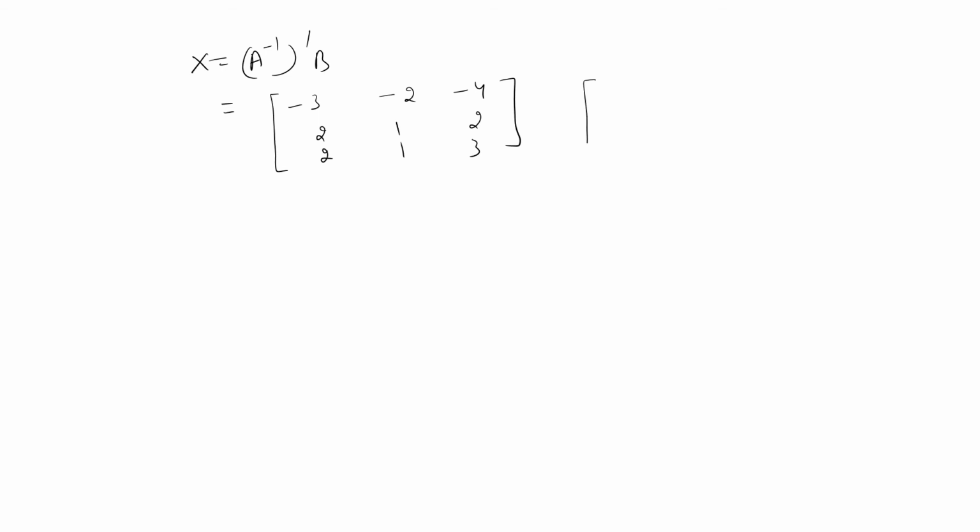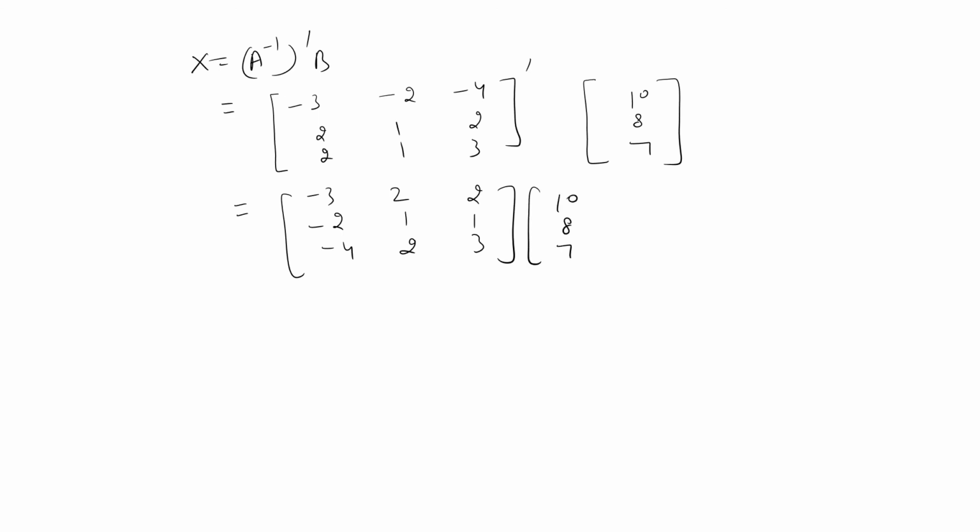And the B matrix was 10, 8, 7. So I need to take the transpose of the inverse I calculated. So it will be like minus 3, minus 2, minus 4. So it is 2, 1, 2 and it is 2, 1, 3 into 10, 8, 7.